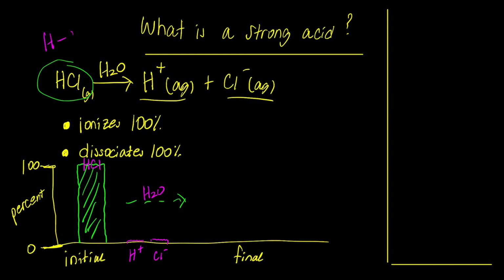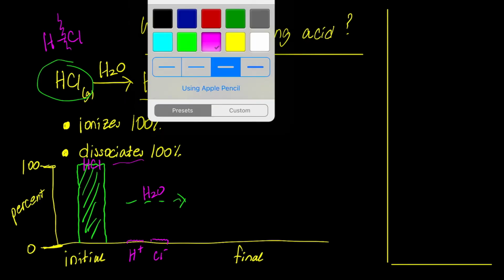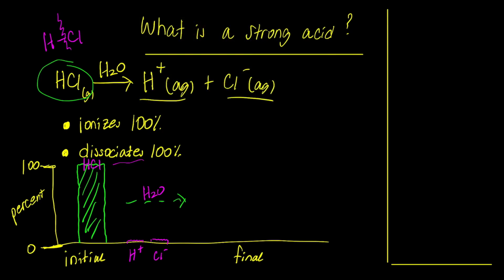In the final conditions, we're going to want to draw in error bars here for the HCl. So the HCl has a concentration of 0, and the concentration of H+ is 100%, and the concentration of chloride is 100%.